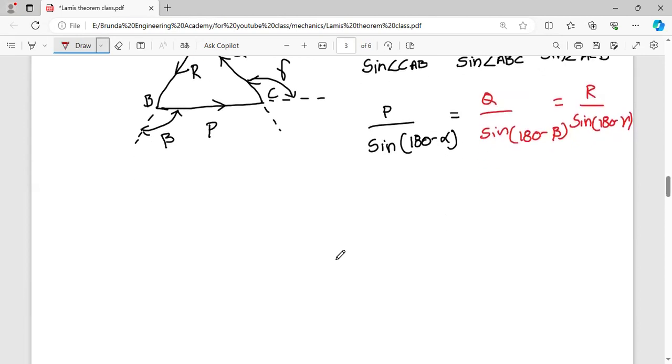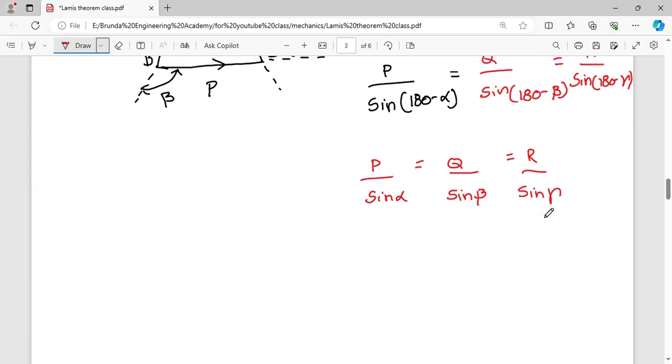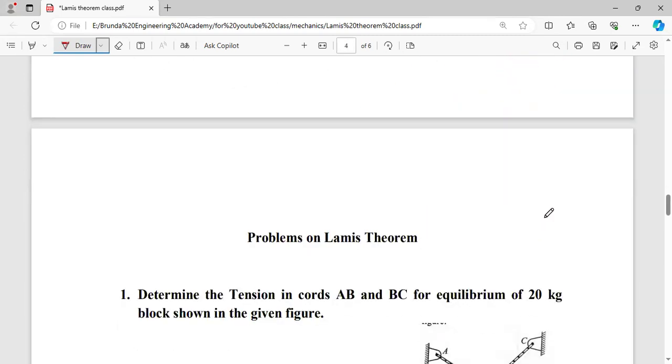Then it can be represented as P by sine 180 minus alpha. Sine of 180 minus alpha is nothing but sine alpha. So P by sine alpha equal to Q by sine beta equal to R by sine gamma.